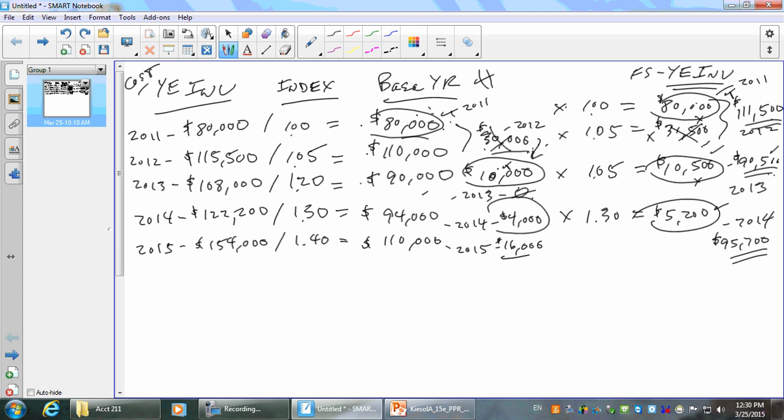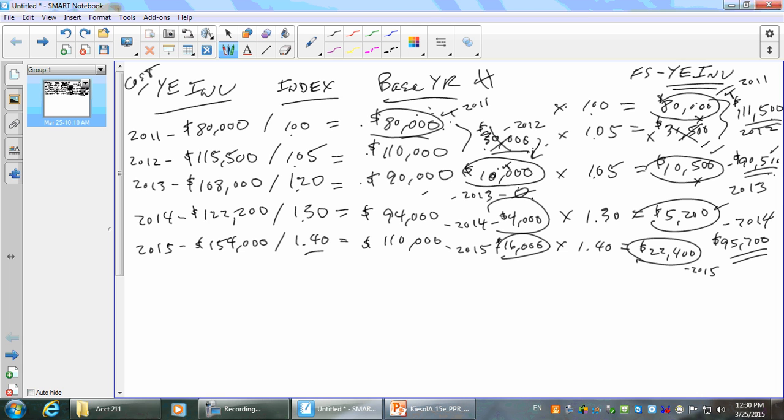And then what do you want to do with that? Take 16 times 1.4, and then add that to the 95. Okay, how much is that? What's the new layer for 2015? 22.4. All right, that's a 2015 layer.